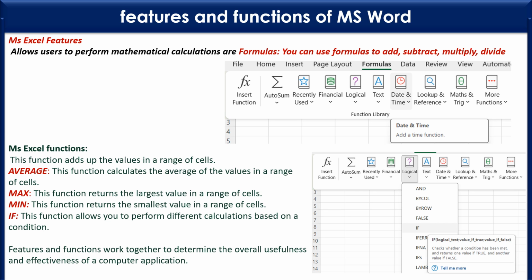And you can see there under the feature logical, we have the function IF. Actually, we have the AND function, the by column function, by row function, FALSE function, IF function, just like that going down there. So you can get all those functions from the feature called logical. Okay.